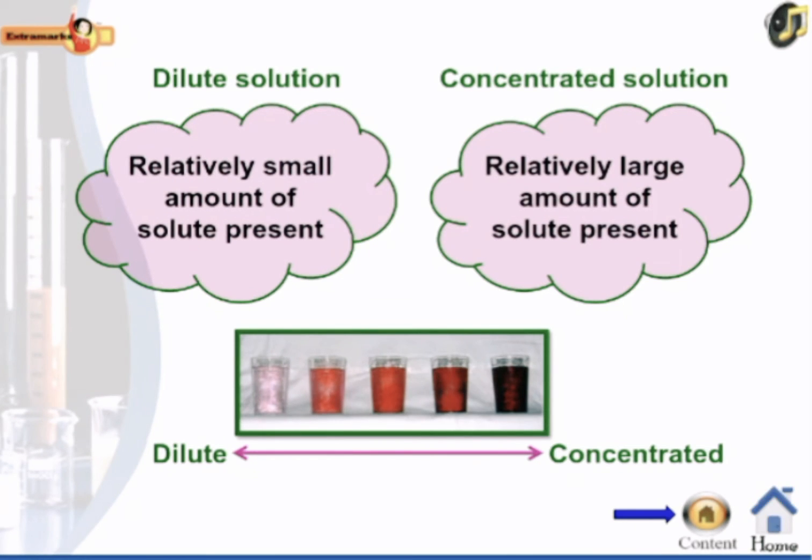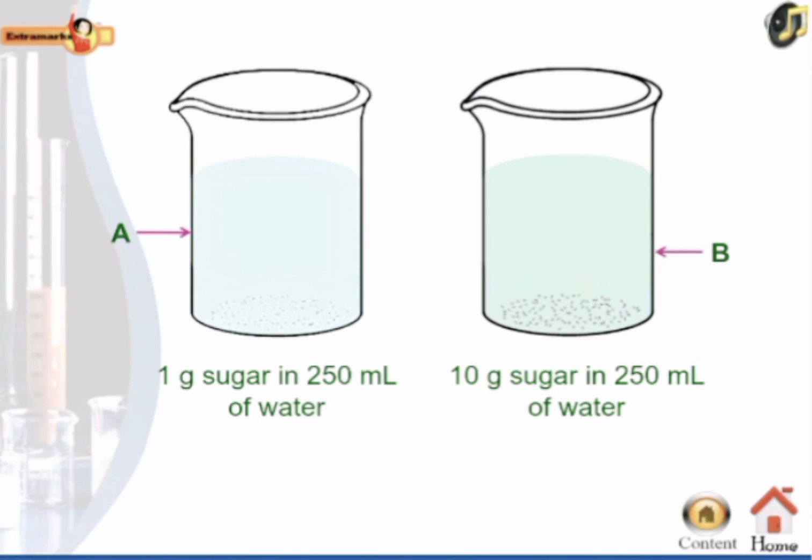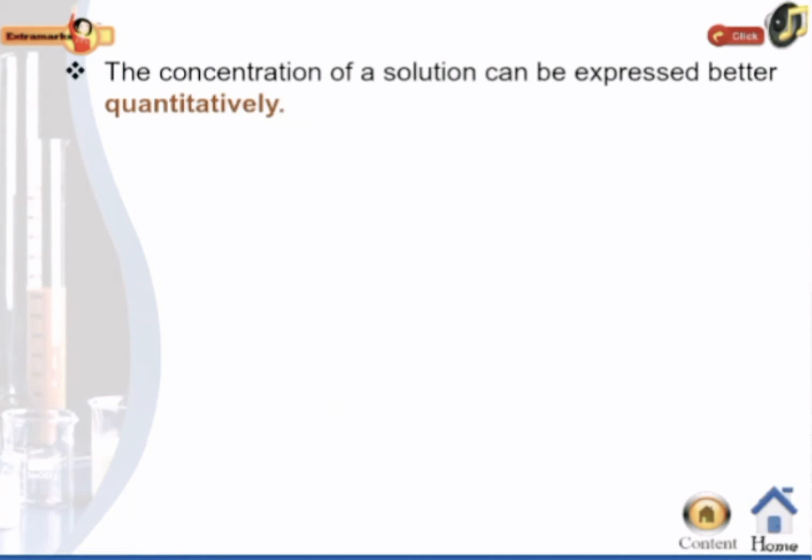The solution having comparatively more amount of solute is known as concentrated solution. If we add 1 gram sugar in a beaker A containing 250 milliliters of water and add 10, the concentration of a solution can be expressed better quantitatively.